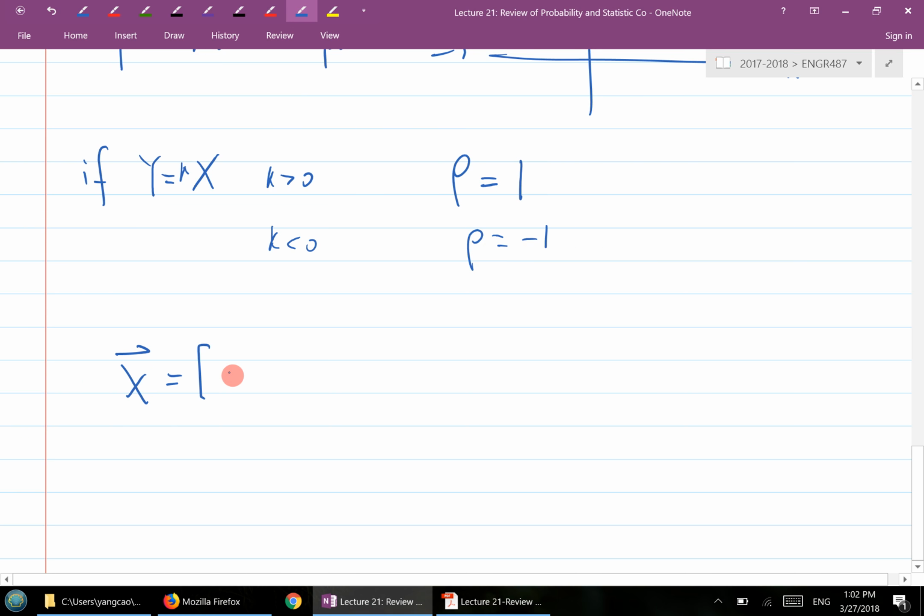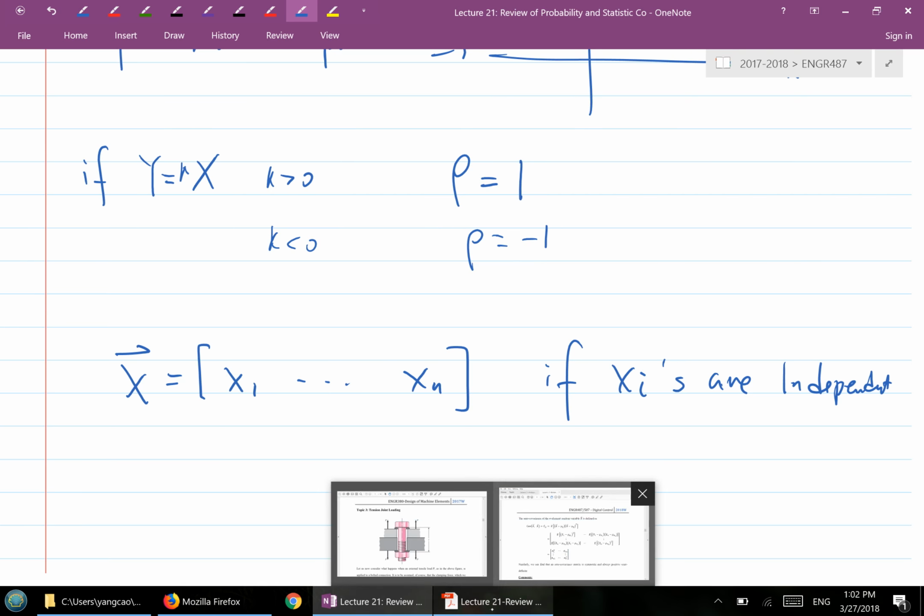X is x1 up to xn, right? So if the xi's are independent, none of them are correlated with each other.